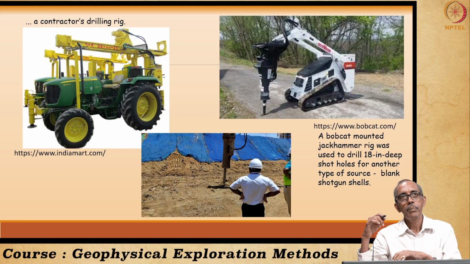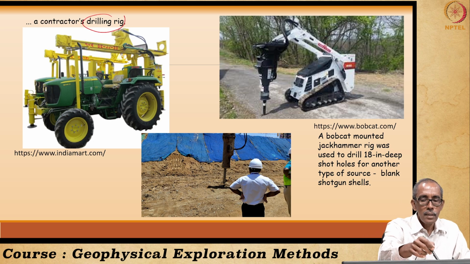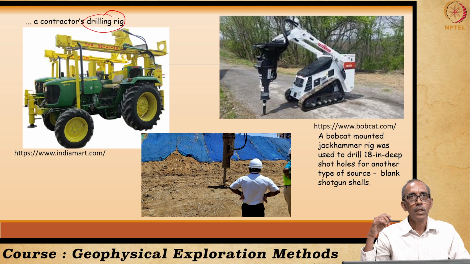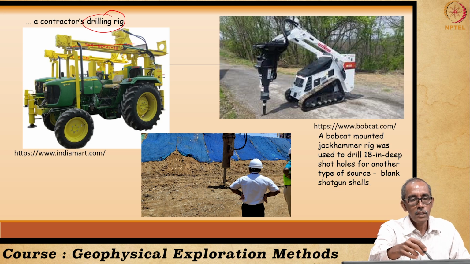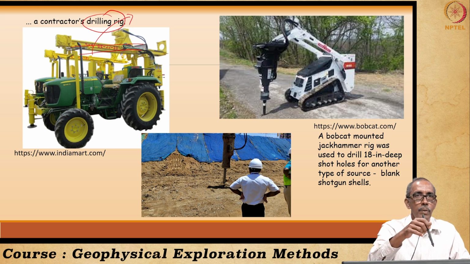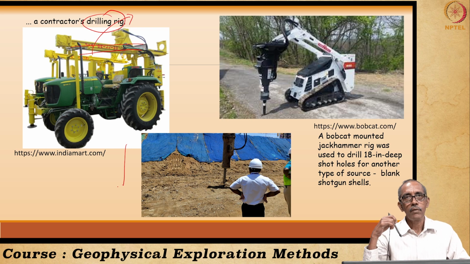So how can we prepare this short hole? A short hole can be drilled using a driller's rig. A rig may be mounted on a truck like this. This arm can be tilted, and there will be a drill bit which will operate and drill through the surface.